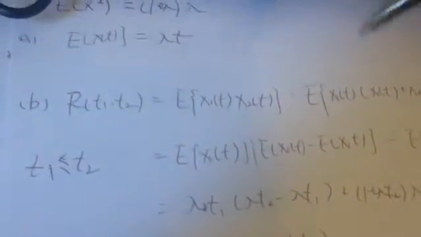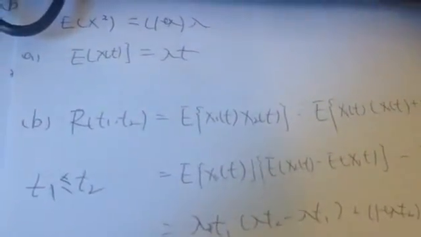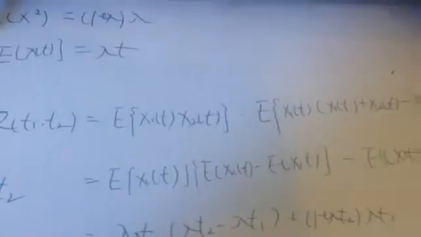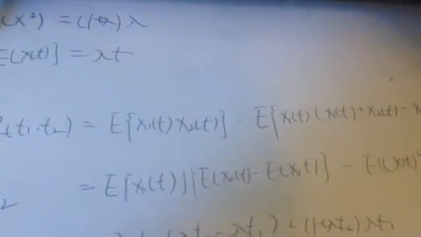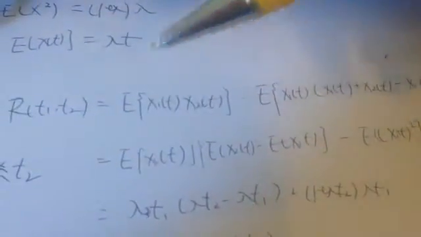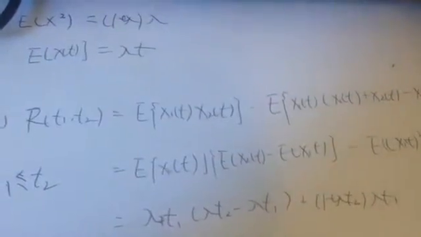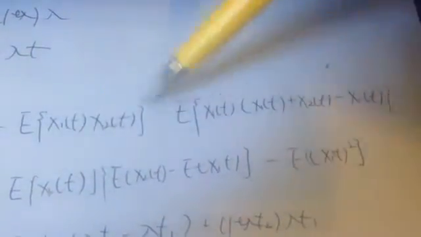Okay, and here is the B part. R of t1 and t2 equals the expected value of X(t1) times X(t2). So here, when t1 is less than or equal to t2, then we get the expected value of these two parts.